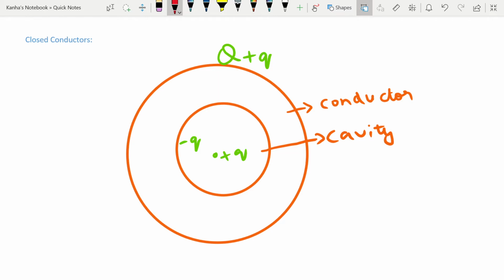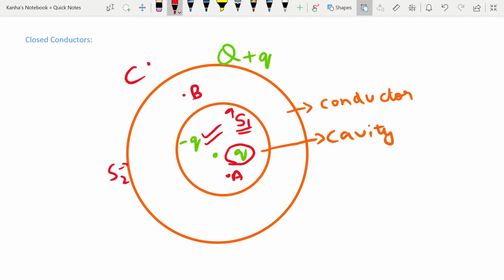Let's say at a point A, at a point B, and at a point C. First of all, the resultant field due to this charge q which is inside the cavity and the induced charge on the inner surface, at any point outside S1, let me call this surface S1, this outer surface S2, is 0.